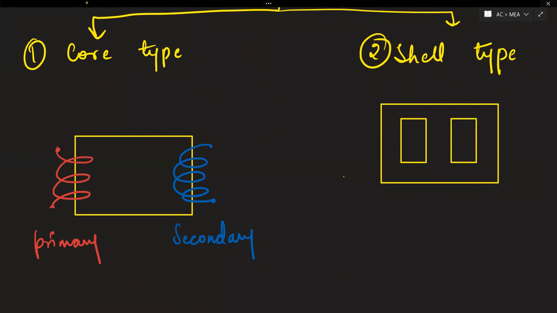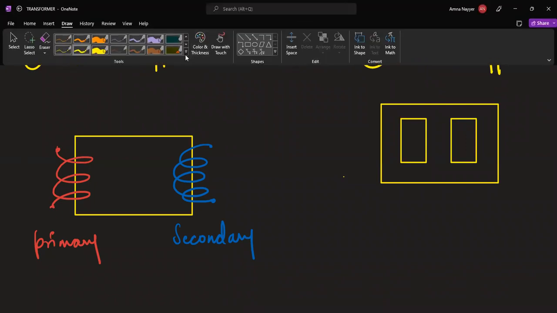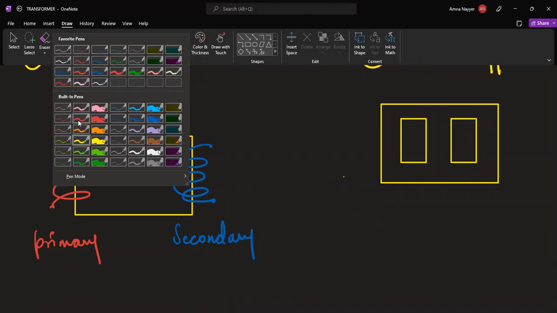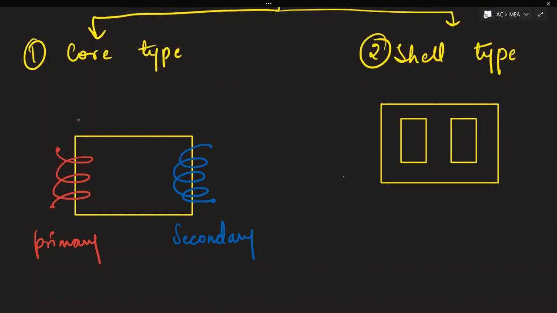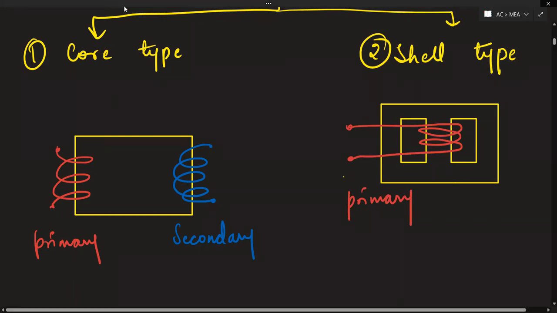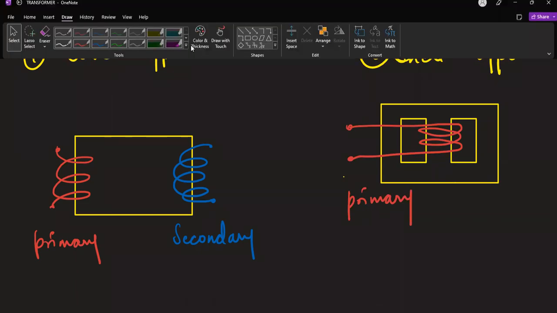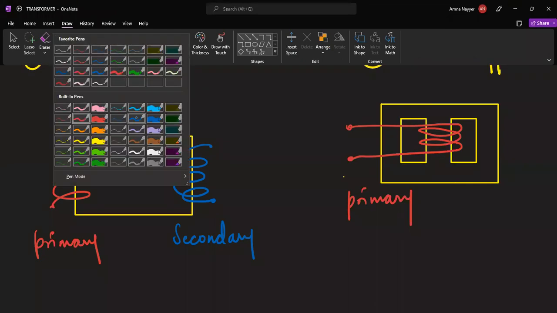In case of shell type, this is how the soft iron core is constructed. And the primary wire is drawn on this. This red one is the primary. And the secondary one is also wound on this one only.